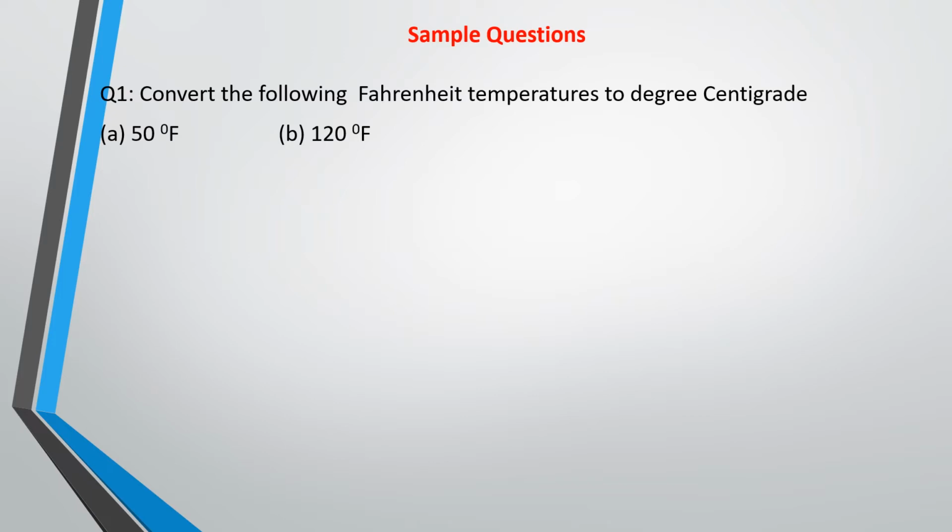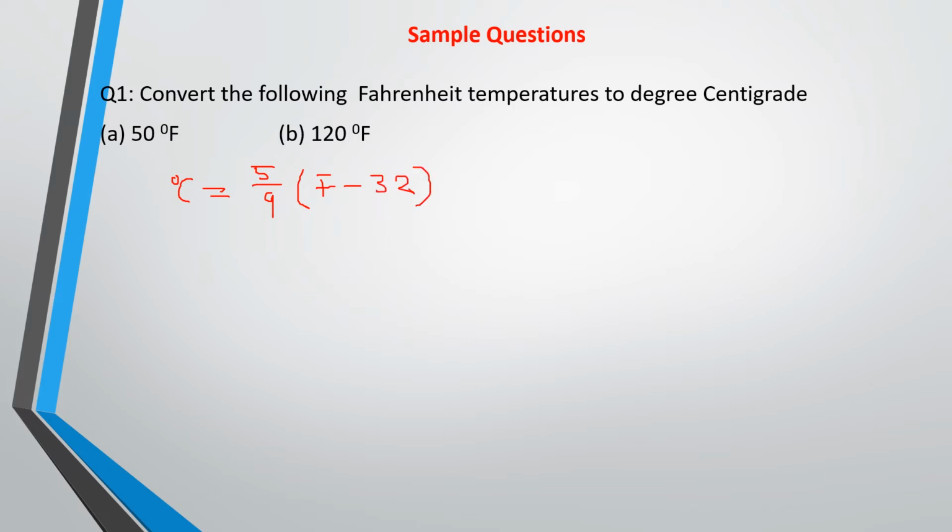From that equation, degree centigrade is equal to 5 all over 9, brackets, your degree Fahrenheit minus 32.